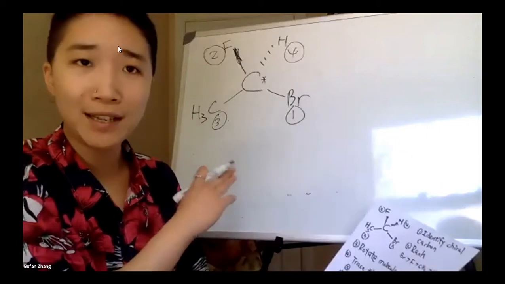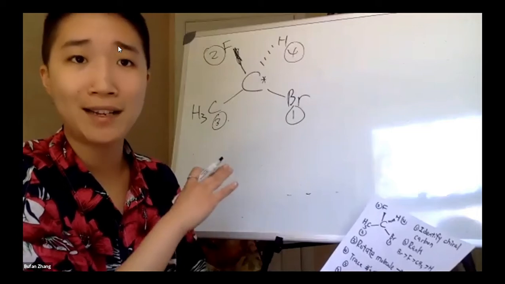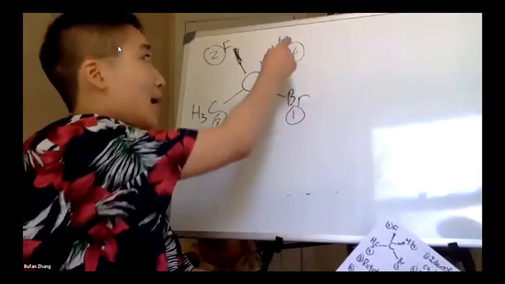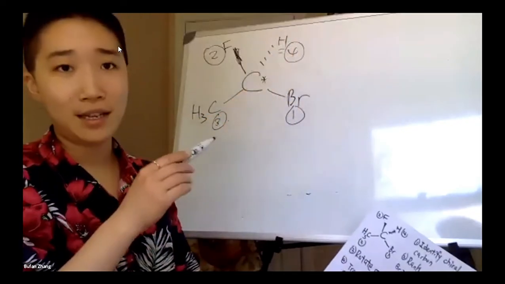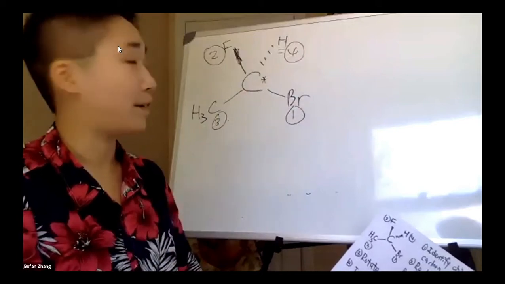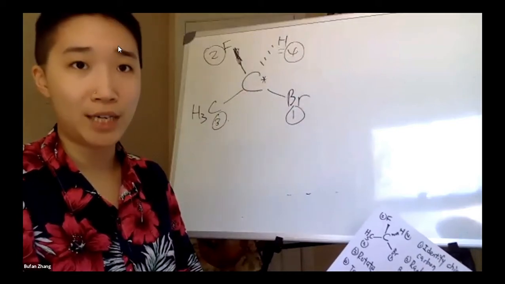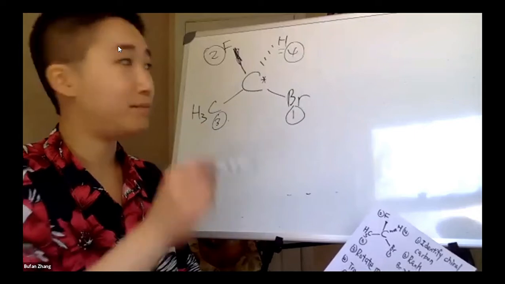Do I have to rotate this molecule in my head, or is it already that way? It's already that way, because my lowest ranking group is this hydrogen on top, and it's bonded to a carbon with a dashed bond, which means that it goes inside the board.